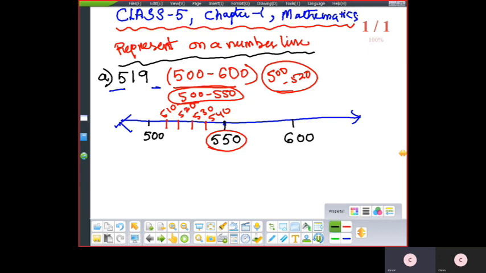So now 519. So 519 is inside this one. 519. What is that? Yes, just before the 520. Okay, so represent on a number line. 519 comes in between this one.